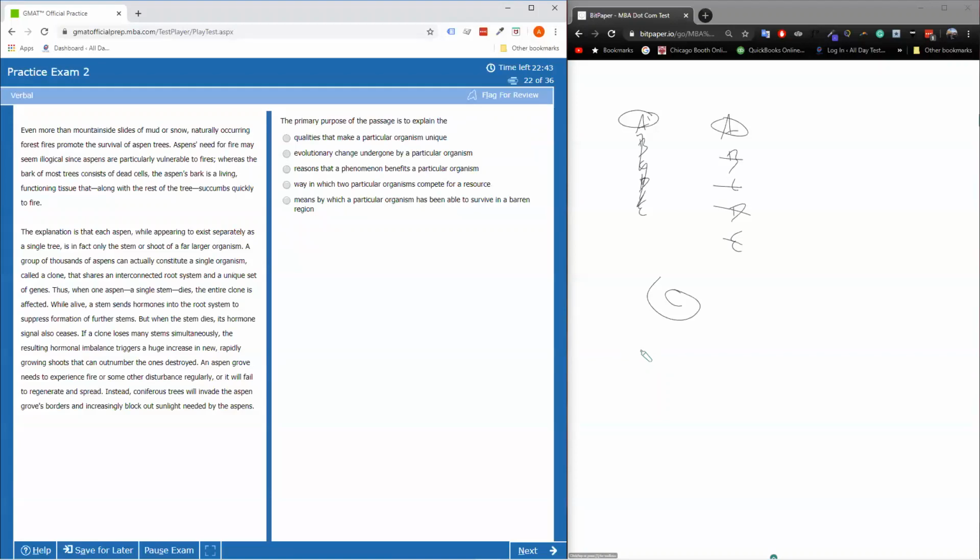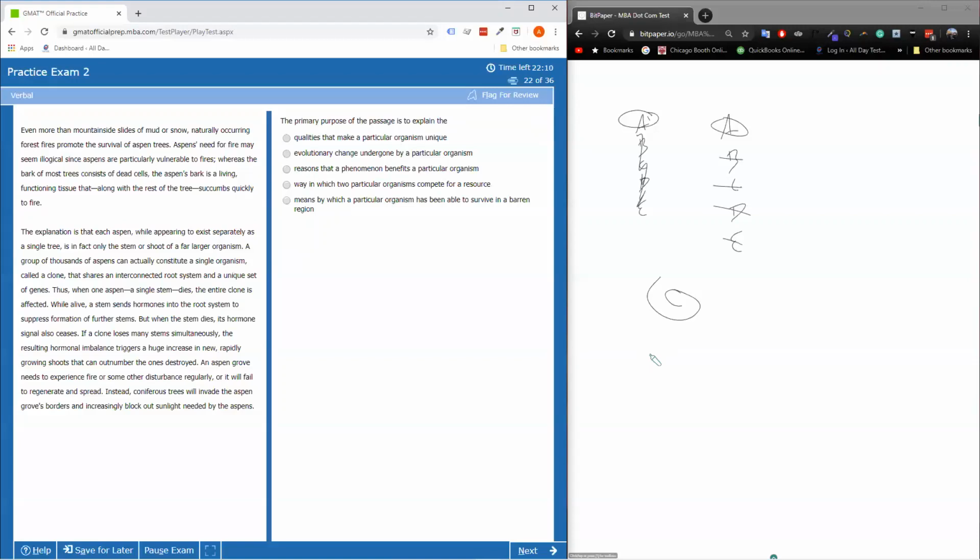When alive, a stem sends hormones into the root system to suppress formation of further stems. When the stem dies, its hormone signal also ceases. If a clone loses many stems simultaneously, the resulting hormonal imbalance triggers a huge increase in new rapidly grown shoots that can outnumber the ones destroyed. An aspen grove needs to experience fire or some disturbance regularly or will fail to regenerate and spread.